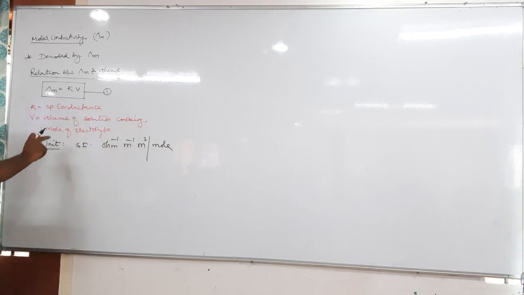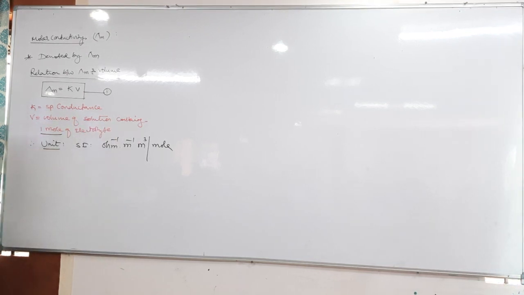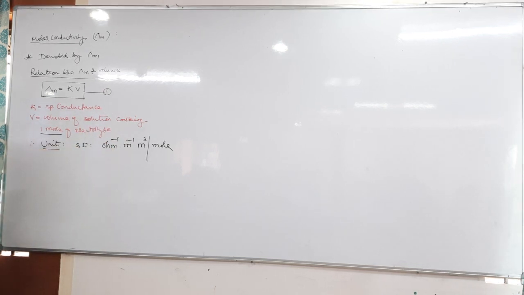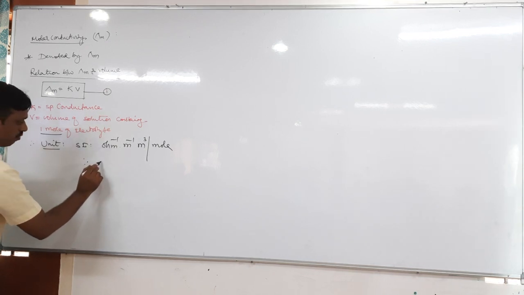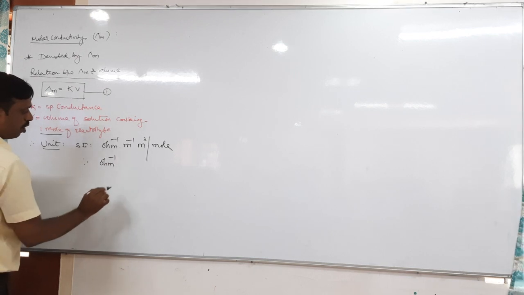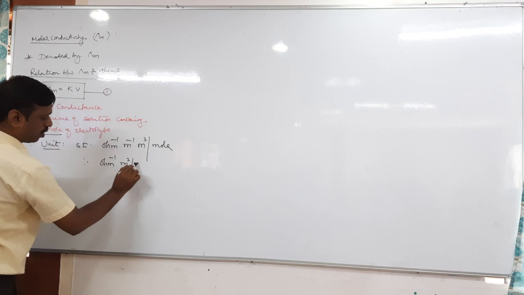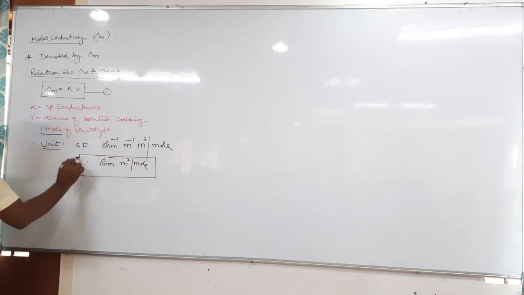V is the volume of solution containing 1 mole of electrolyte, therefore it is volume per mole of electrolyte. So the simplified unit is ohm inverse meter square per mole. Important. This was the previous CT question.